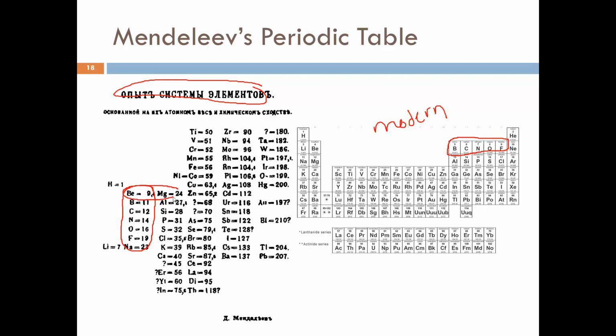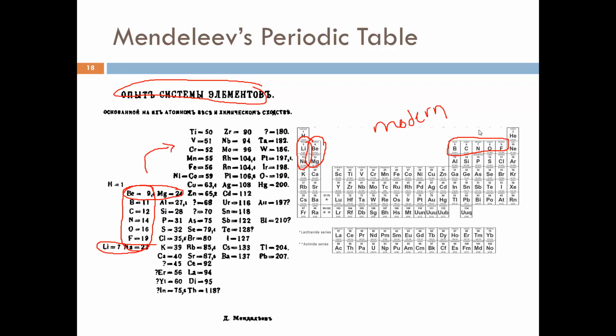Li and Na, once again, right here. So if we actually turn this to the side, you can see a lot of similarities between the two, which is why he's the one who's credited for creating the modern periodic table.